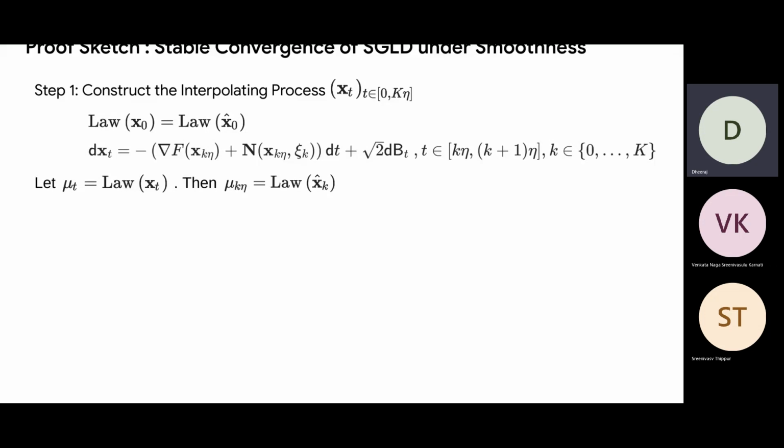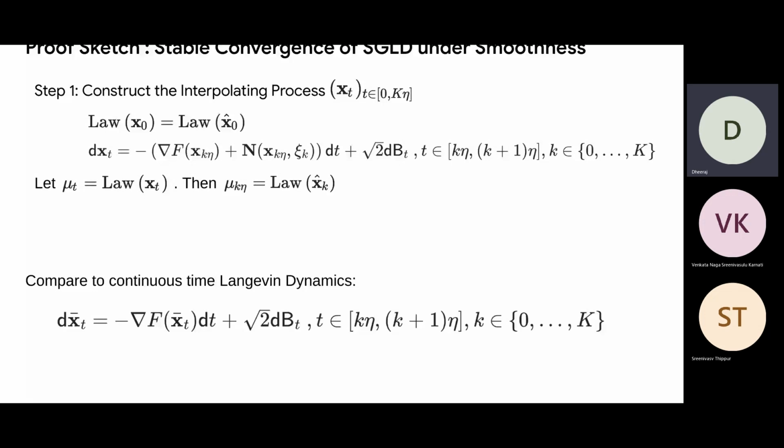We can compare it to continuous time Langevin dynamics. Here x_t bar denotes the continuous time Langevin dynamics, and there is no noise term n. We want to compare this to this. Bakry-Emery theory shows that the rate of change of KL divergence is minus half of the Fisher divergence.